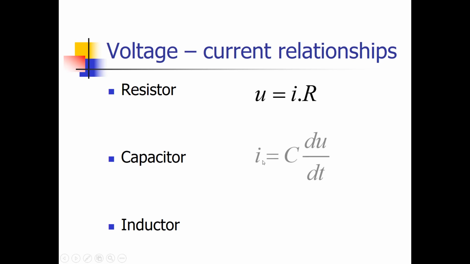For the capacitor, we have seen that the current is equal to C times du dt, or it's equal to C times the derivative of the voltage. For the inductor, voltage is equal to L, which is the inductor value, times di dt, which is the derivative of the current. Well, we know these relationships. Let's figure out what this means for phasors.